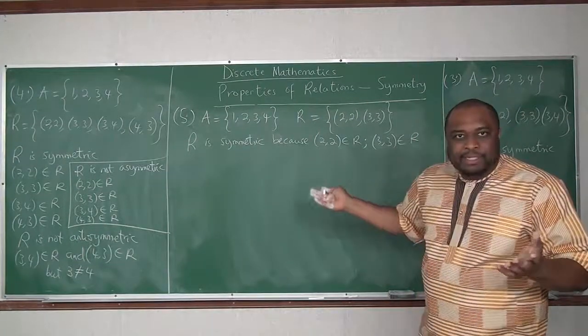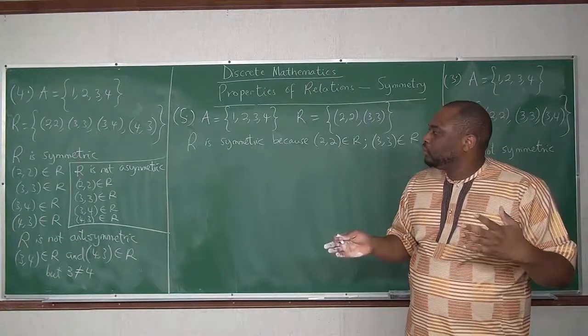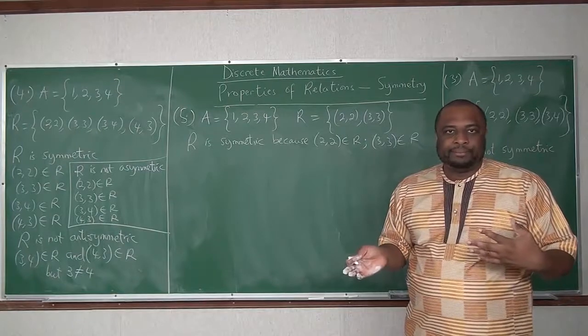Now, is it antisymmetric? It is antisymmetric, because in this case, 2 is equal to 2, 3 is equal to 3.